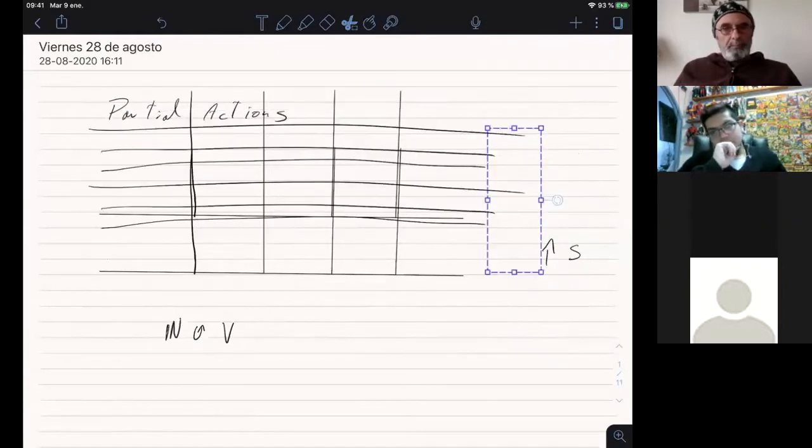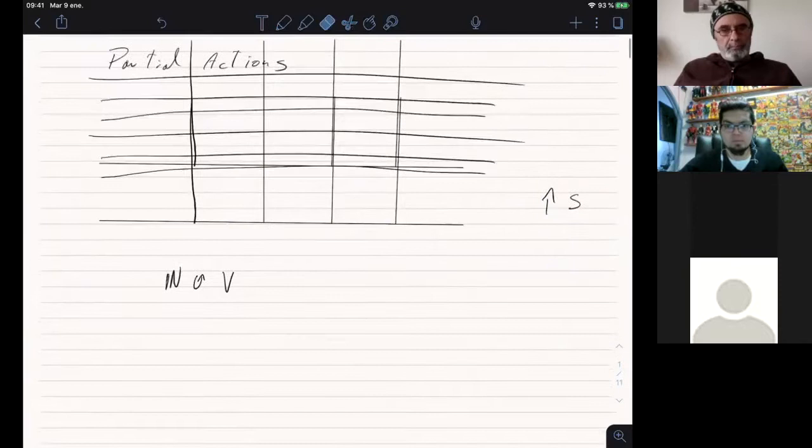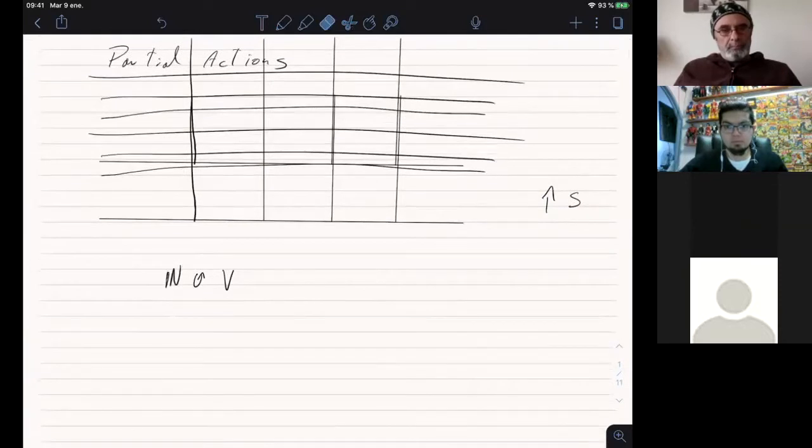Then here is where partial actions come to help us, save us, in fact, where instead of acting on every element of this space, we make it act just on a portion of this space.